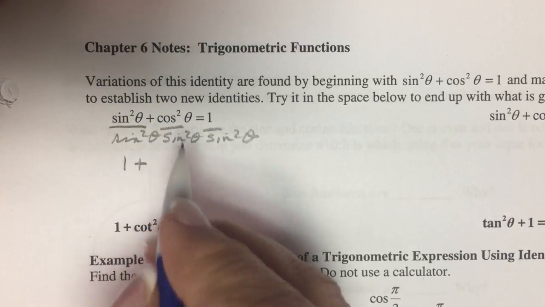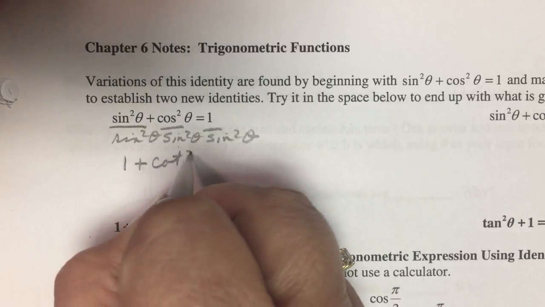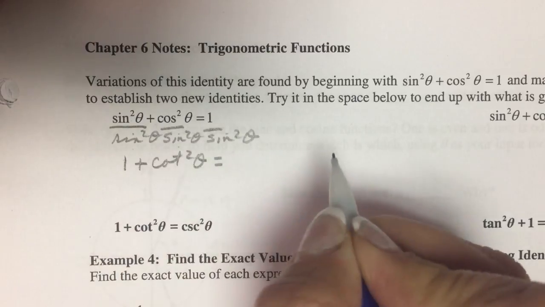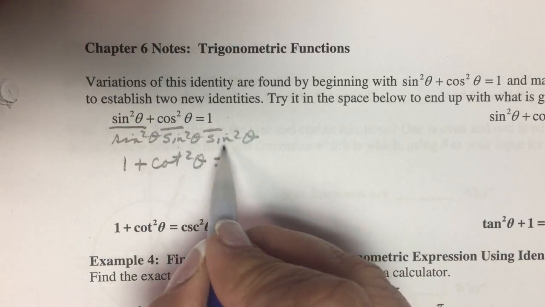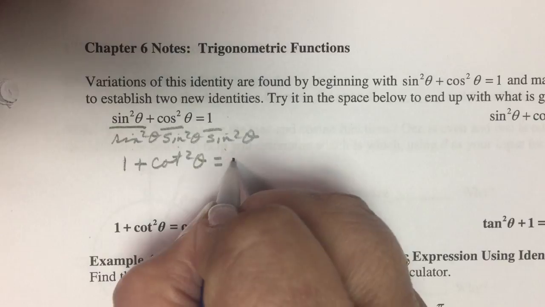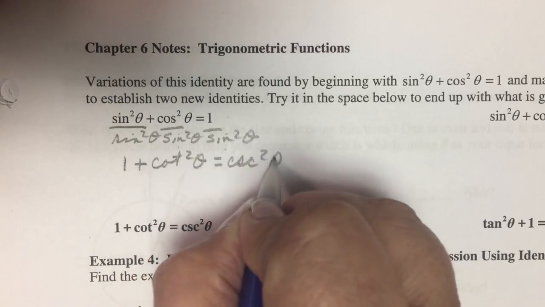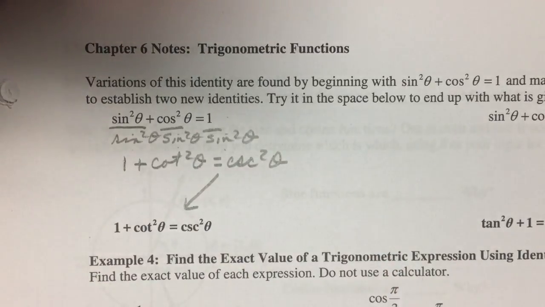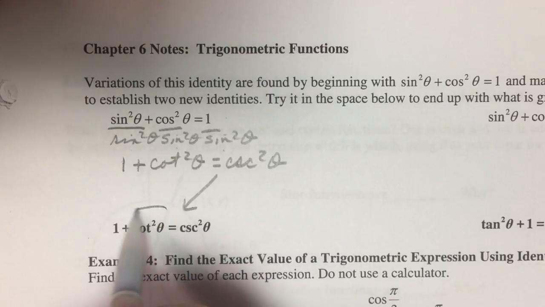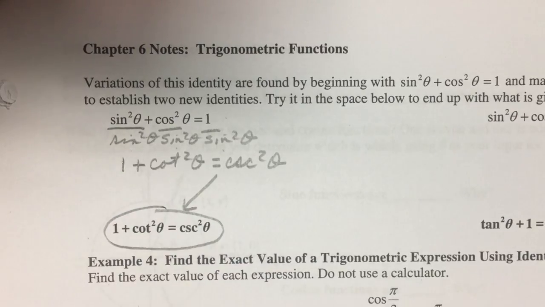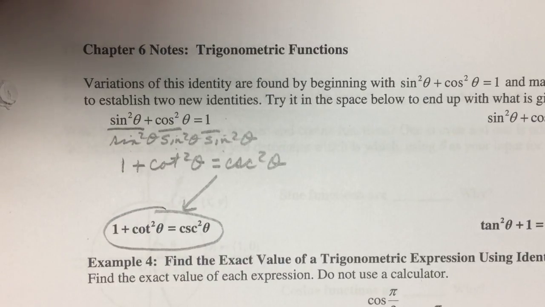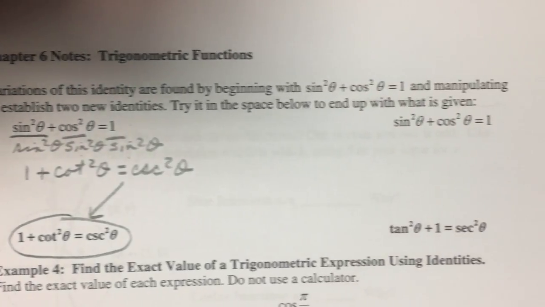Remember, cosine divided by sine is cotangent squared theta is equal to 1 over sine squared theta is cosecant squared theta. Notice that is that identity. So here is another identity that you can get directly from your Pythagorean identity.